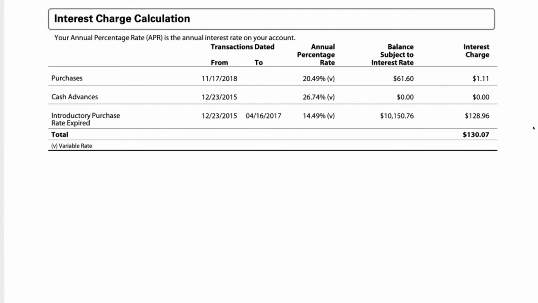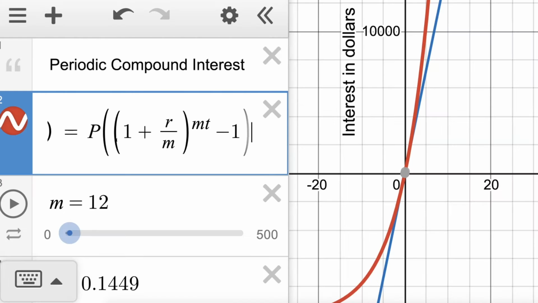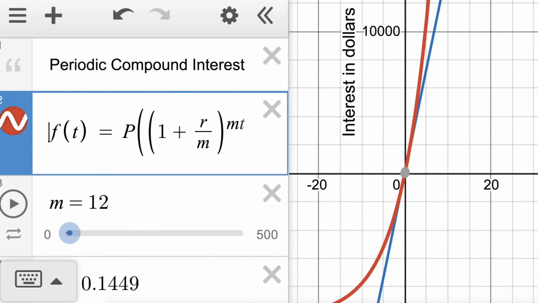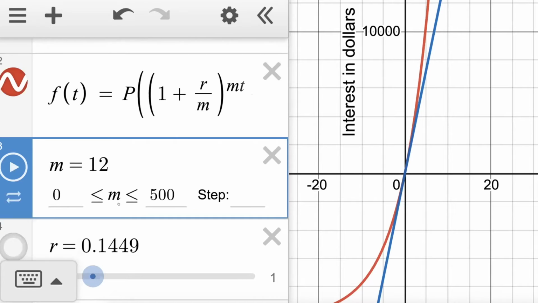Well, let's poke around to find the formula that they used in order to calculate the interest that I pay for this account. This is the interest formula that we created, right? And if I think that the account uses monthly compound interest to charge my interest, then I set M equals to 12, okay?